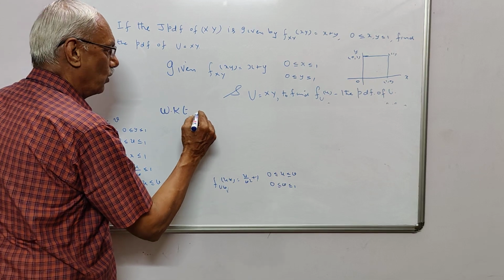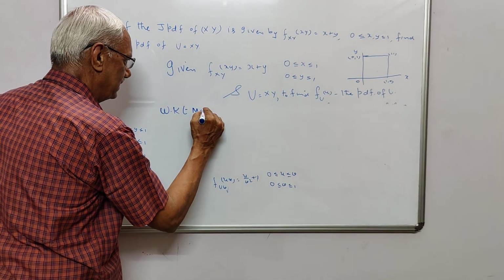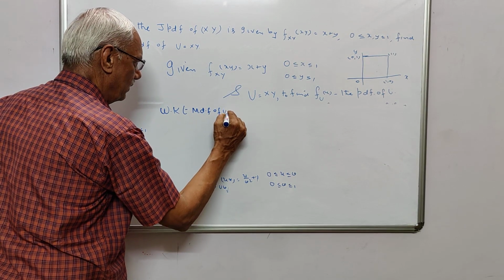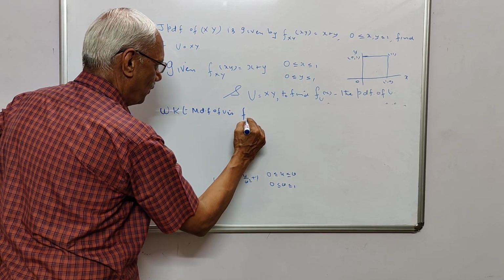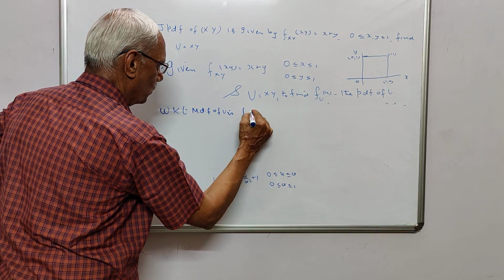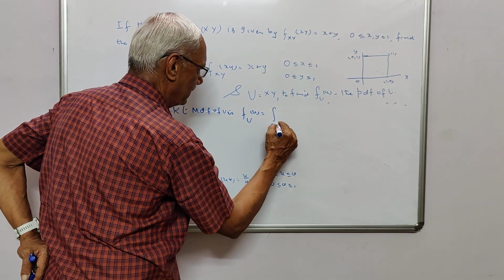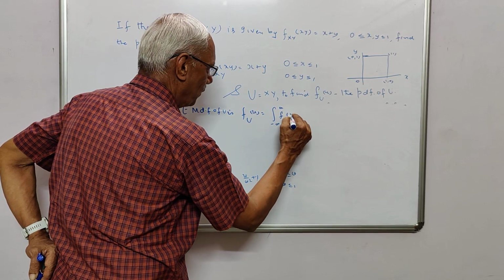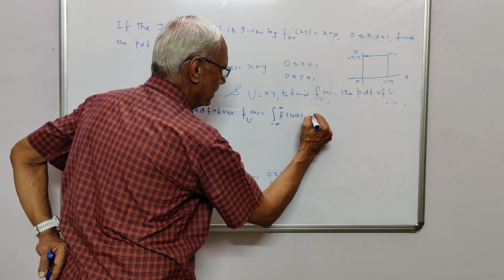We know that the marginal density, this is the meaning of this. f of u of u is equal to, it is nothing but, minus infinity to plus infinity, f of u v into dv.